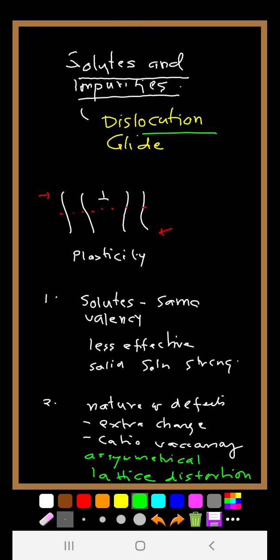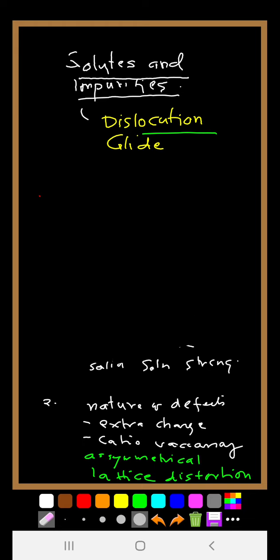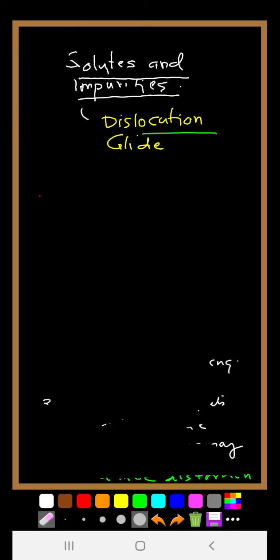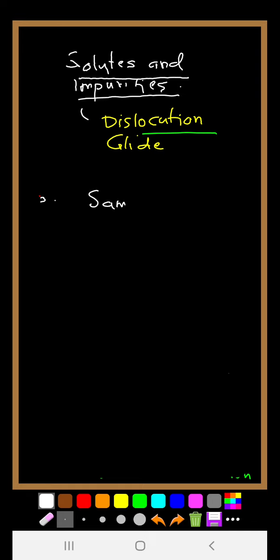So number 3, another feature is that there may be some charges which are univalent. The solutes may be of the same charges, univalent impurities.